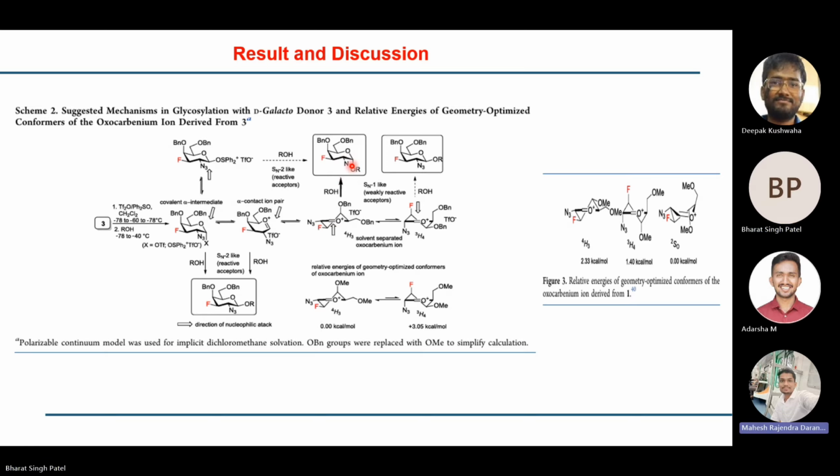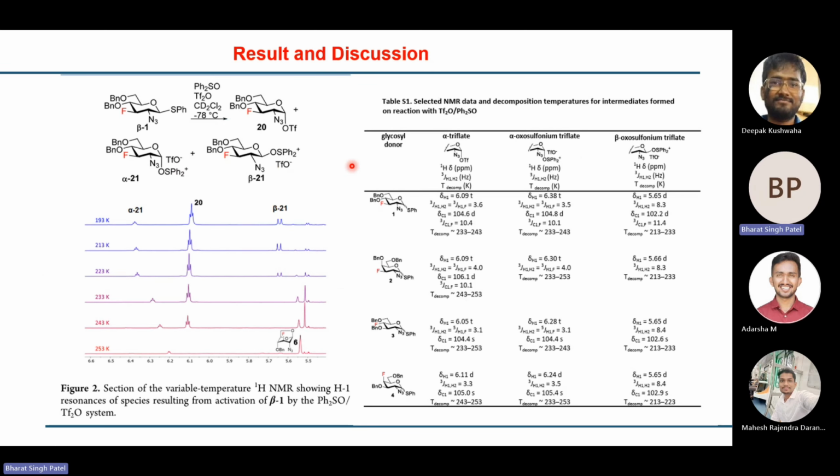And how are they justifying these structures, exactly, that the pathway is going this way? If you see, there is a lot of literature. Previously we have discussed how they tracked this intermediate by using different kinds of NMR, and they also did all the data by literature for all the intermediates.